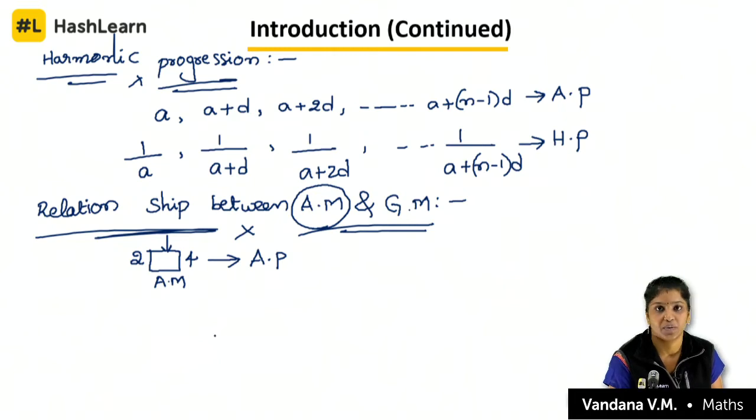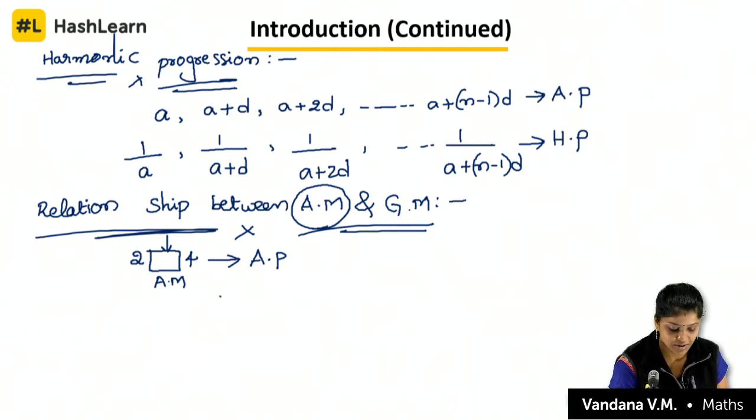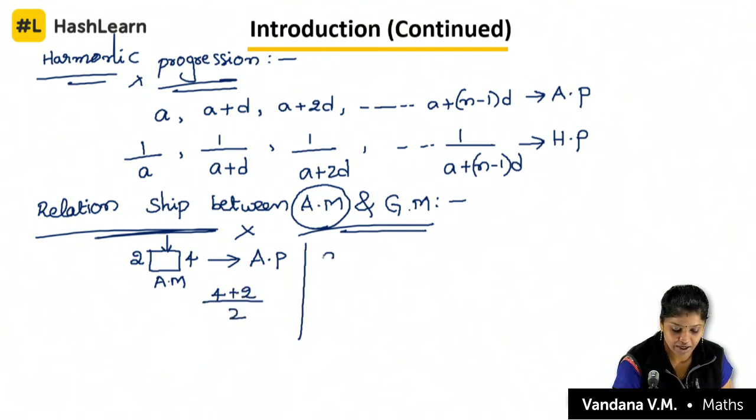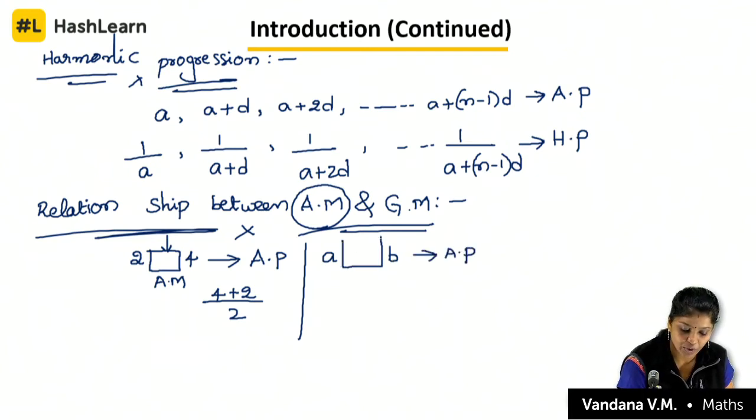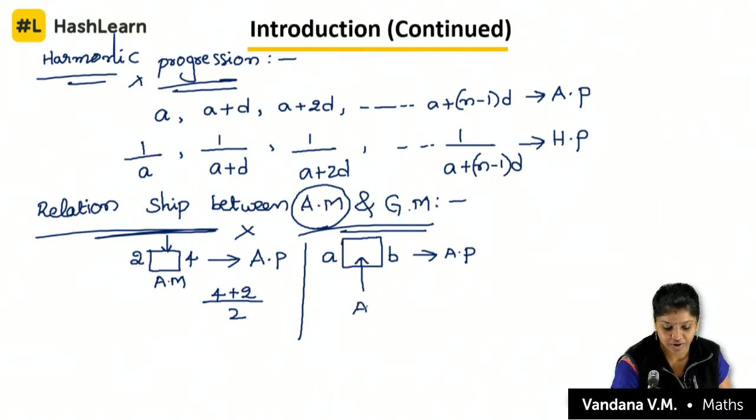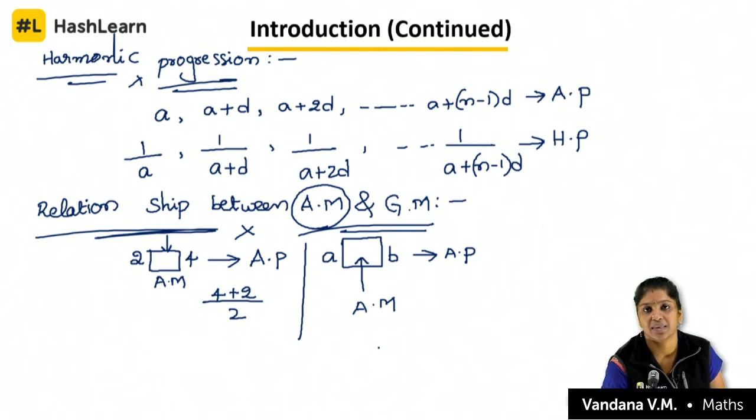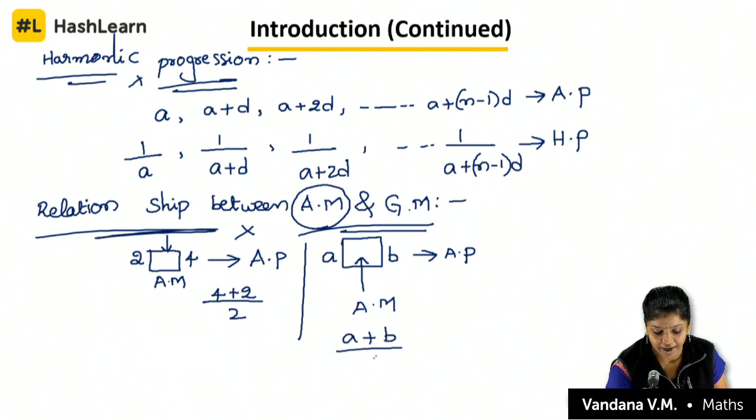How to find it? It is 4 plus 2 divided by 2. In general, if A and B are in arithmetic progression and you would like to insert one more term here, we call it the arithmetic mean. So, what is the formula? A plus B by 2 is the arithmetic mean.